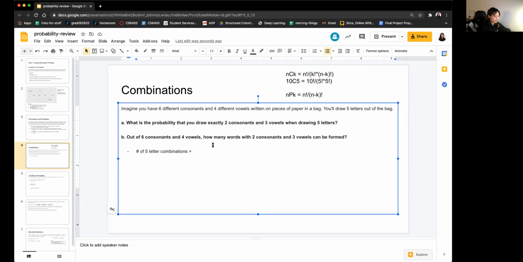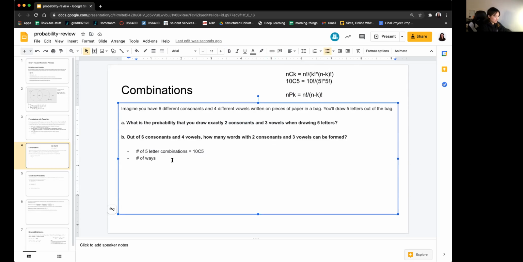So the number of 5-letter combinations we have here is just going to be 10C5, 10 choose 5, I think is the way that people call it. So we have this number of 5-letter combinations that we can get out of pulling from these 6 consonants and 4 vowels. Next, we have to look at the number of ways to choose 2 consonants out of 6.